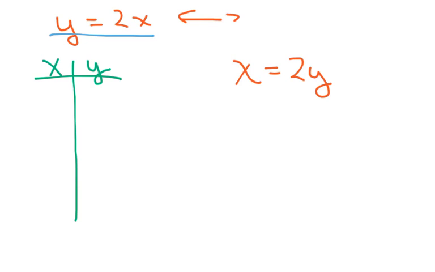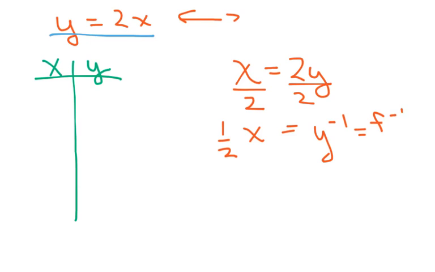I solve for y, so I'm going to divide both sides by 2, and I get y equals 1/2 x, or x over 2. So this is my new function, but this is my inverse function. Okay? So we can write this as f inverse. Some mathematicians just leave it like that, or you could actually add the x.